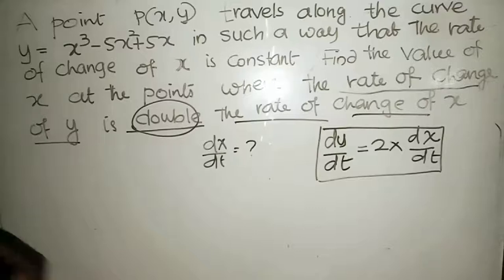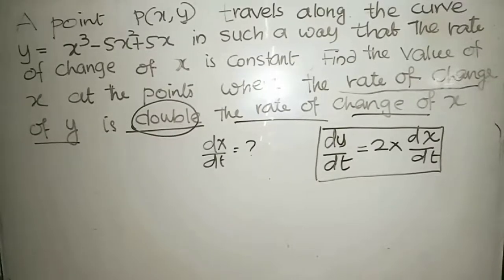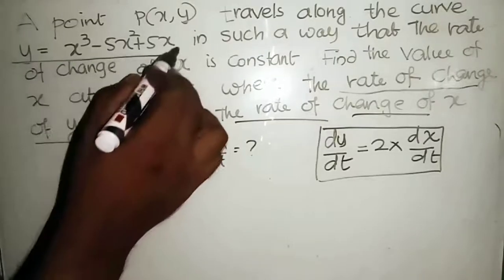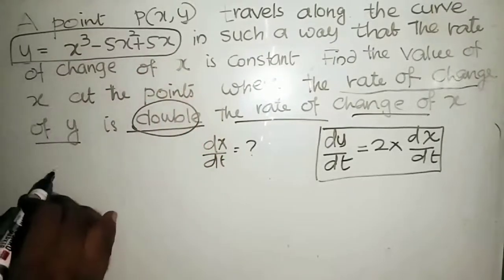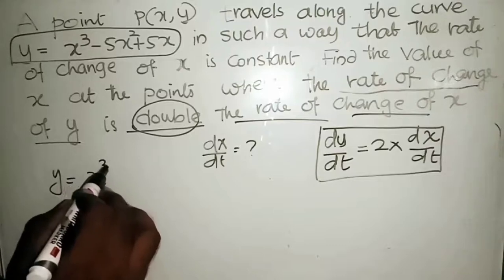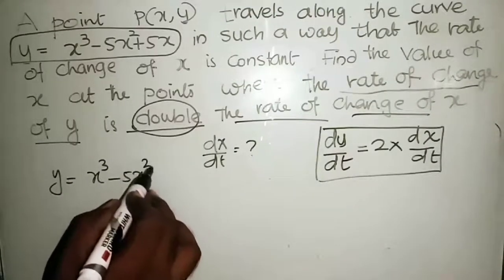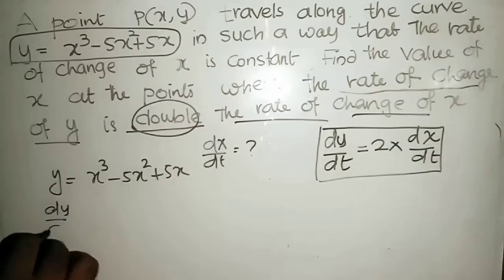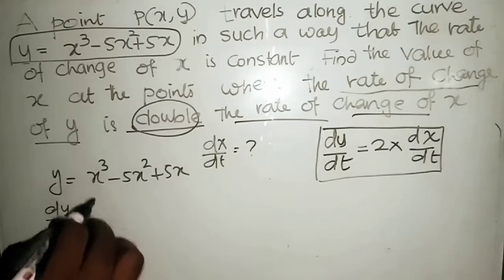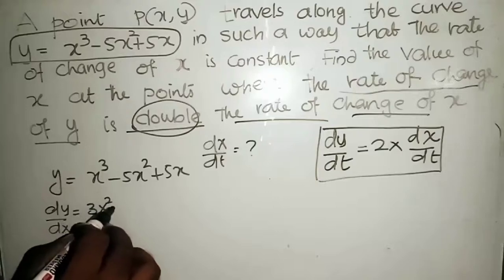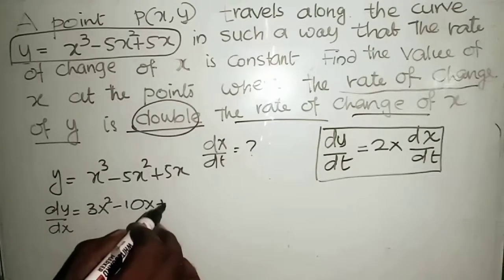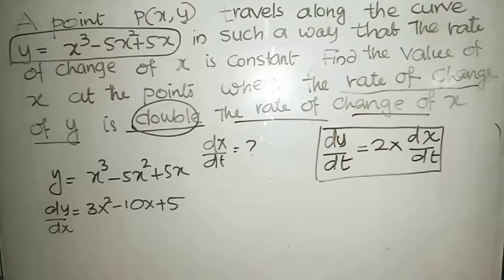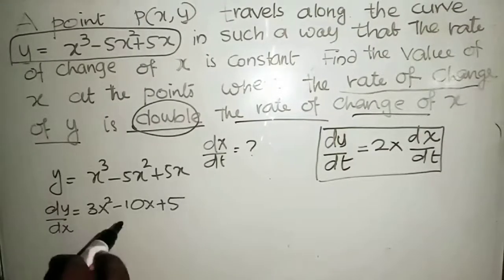Here also we are using our chain rule directly, nothing else. So let's find the derivative of the given curve. The curve is y is equal to x cube minus 5x square plus 5x. Find dy by dx. That is 3x squared minus 10x plus 5, which is dy by dx. Now our work is very simple. Write the chain rule.